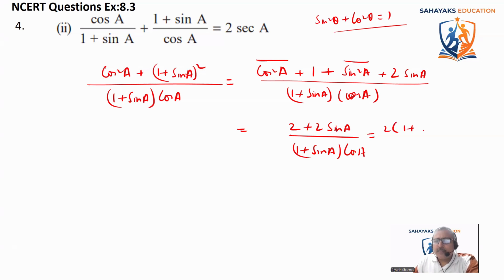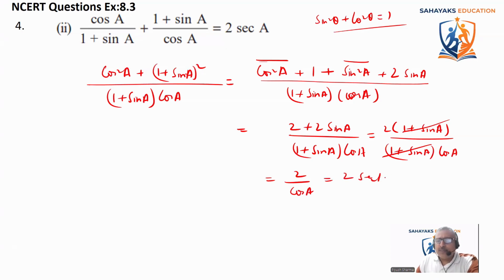So it becomes 2 into (1 plus sine A) divided by (1 plus sine A) into cos A. Now we can directly see that 1 plus sine A will cancel out. It becomes 2 divided by cos A, and that is equal to 2 sec A. Hence, that is equal to RHS, and hence proved.